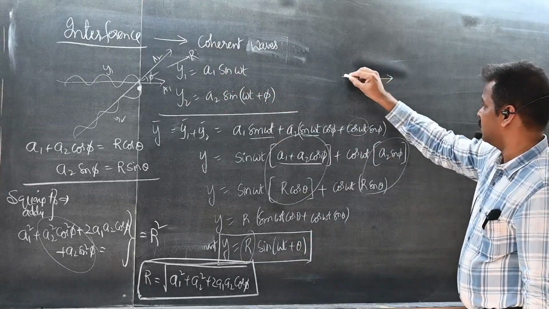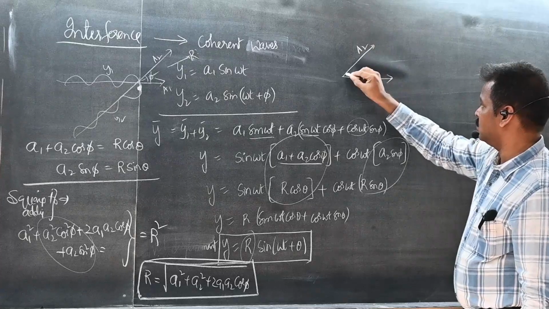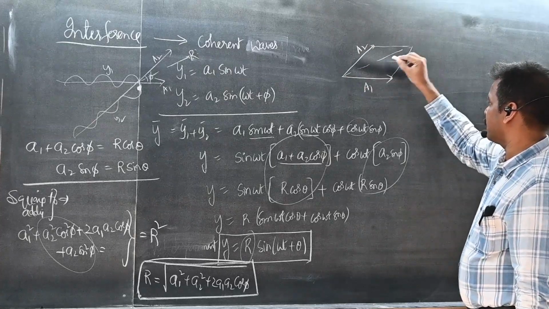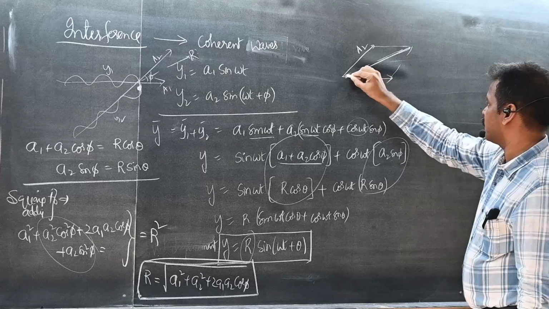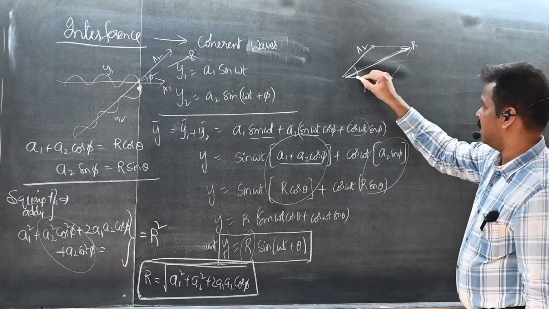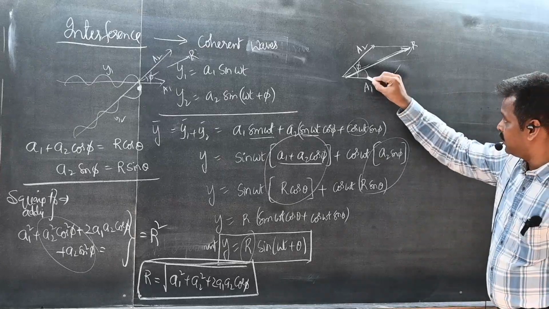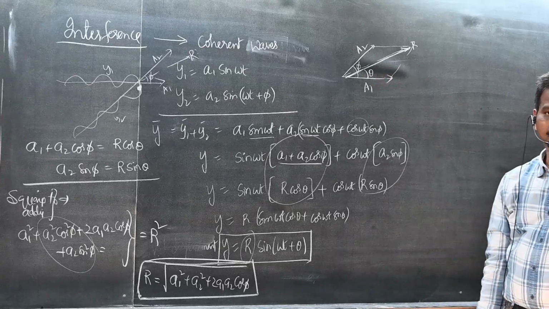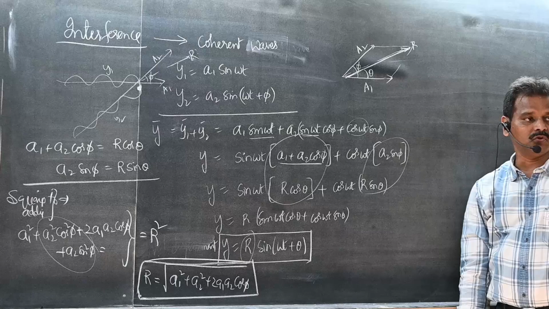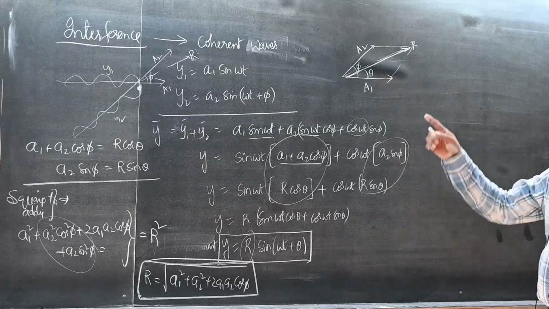This is A1, this is A2, and this will be R. And this is the phase difference between two waves, phi. Now I want the angle between the resultant and one of the amplitudes. How to get this value?